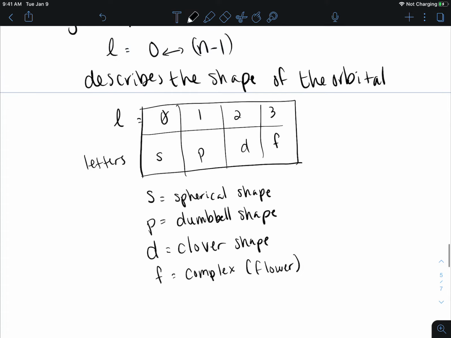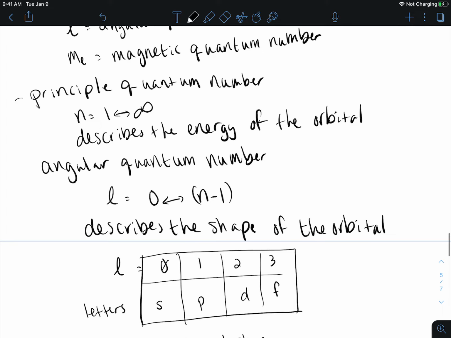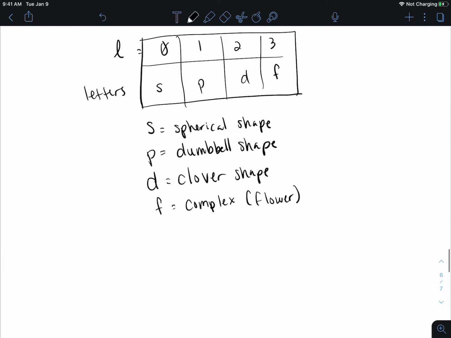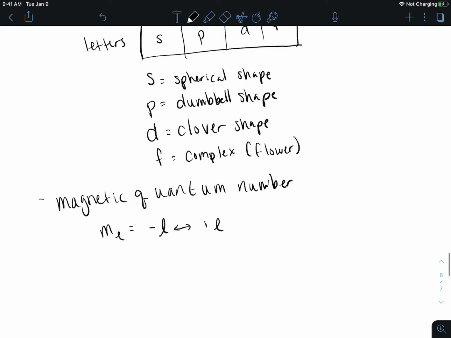Now, after we look at our angular quantum number and our principal quantum number, our last one is our magnetic quantum number. That's our m sub L. And it can equal values anywhere between negative L to positive L. This is going to describe the orientation in space.